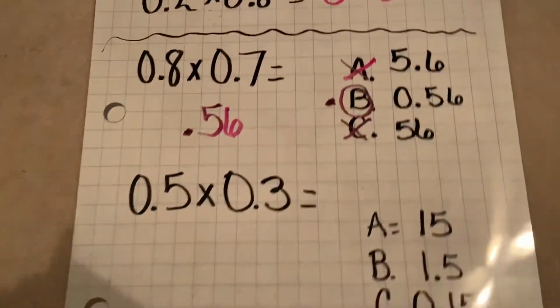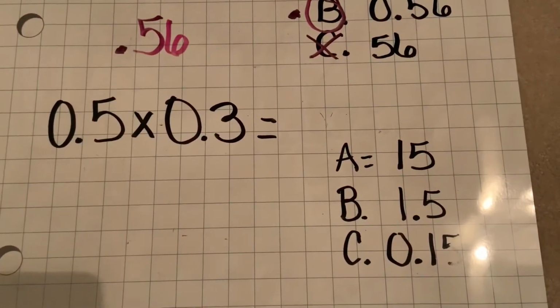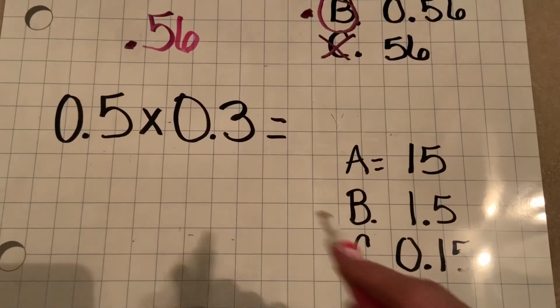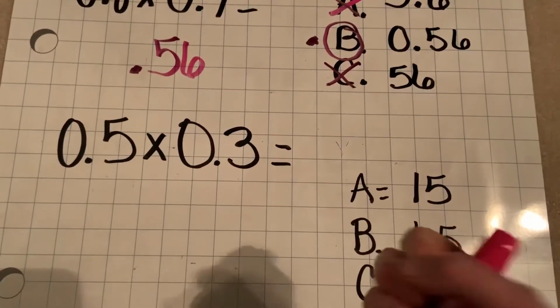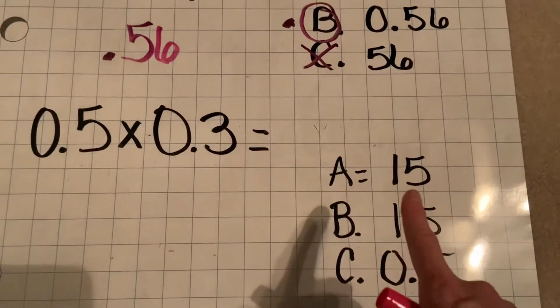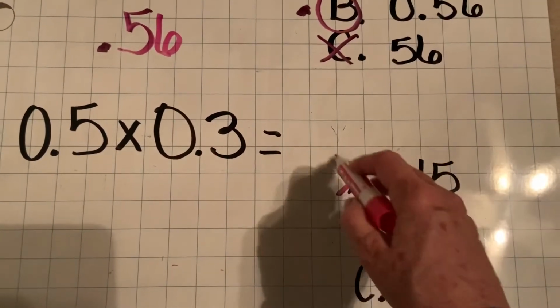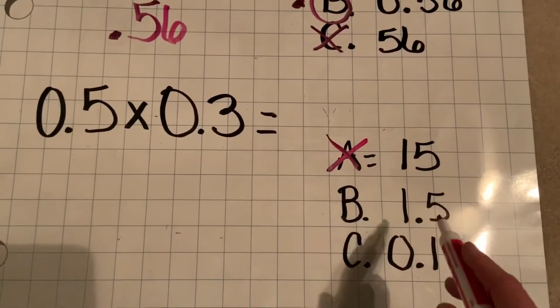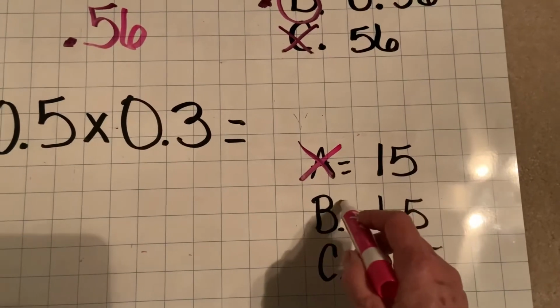So again, we're looking at estimation. Look at this one. We have 5/10 times 3/10. Again, when you take a decimal times a decimal, the answer is going to be an even smaller number than both the factors. Is 15 smaller than both the factors? No. Is 1.5 smaller than both the factors?